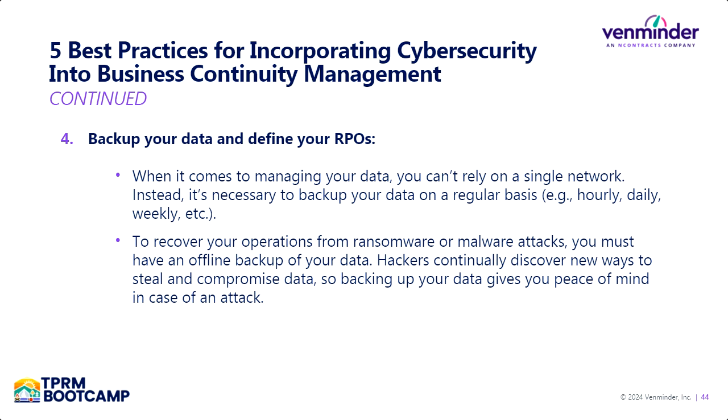Hackers continually discover new ways to steal and compromise data, so backing it up gives you peace of mind in case of attack, and that plays heavily into your RPOs. So ensuring that your vendor is doing the same and has the same alignment with your backup schedules and your RPOs is going to be critical if they're backing up any of your data or your customers' data.